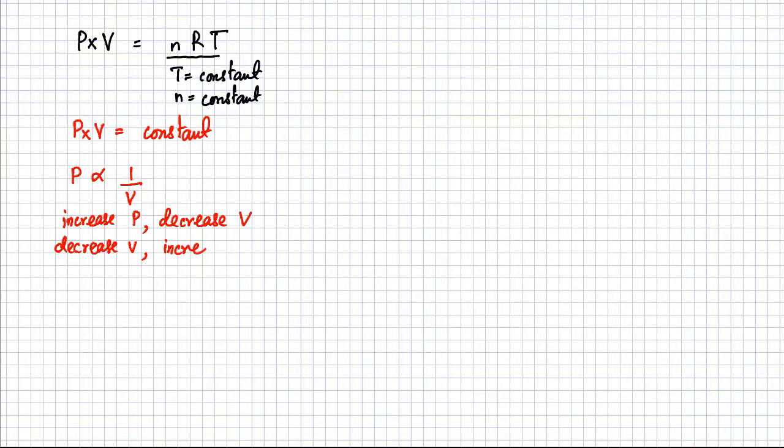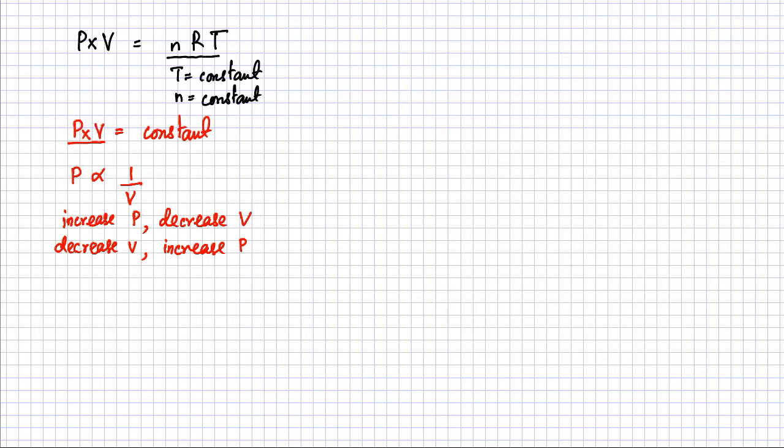So P and V are inversely proportional, but the product of pressure into volume is going to be a constant. So if pressure increases, volume decreases, but the product remains exactly the same. If volume increases, P decreases, the product P into V is still going to be a constant.